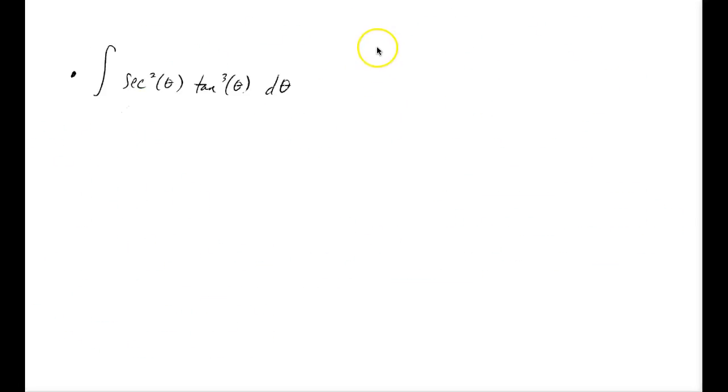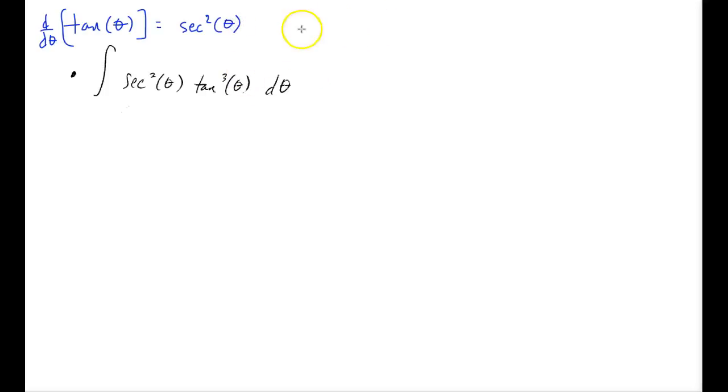All right, so in our next example here, if we notice we have tangent cubed theta, and that's multiplied times secant squared theta. And if you're thinking about derivatives, the first thing that you probably should recognize here is that if we were to take the derivative of tangent theta, that would actually end up equaling secant squared theta.